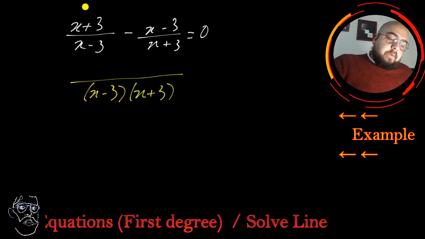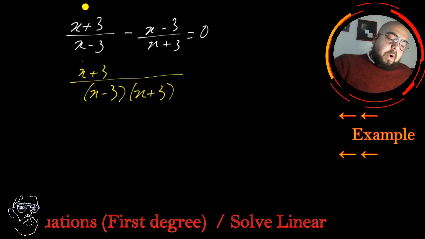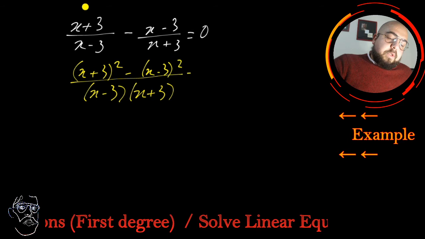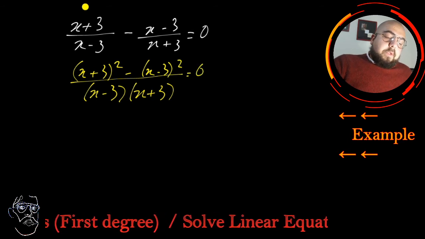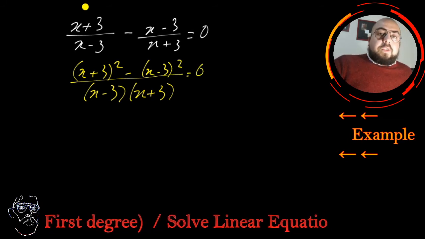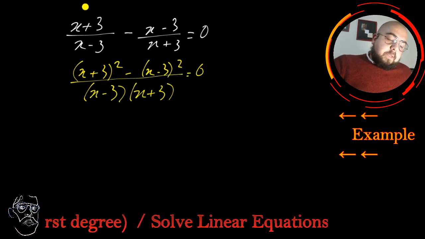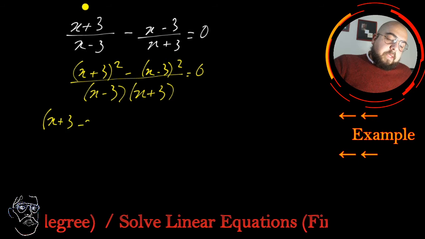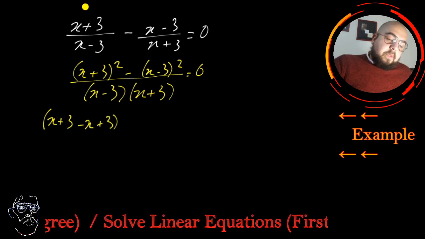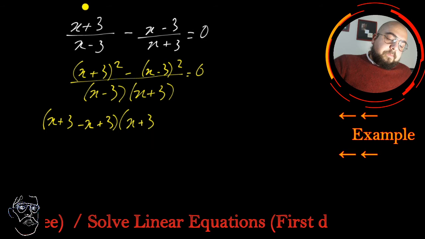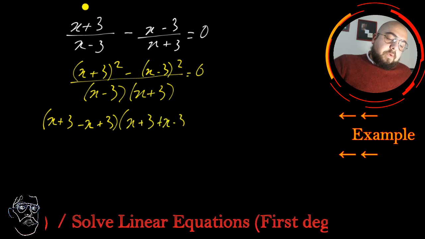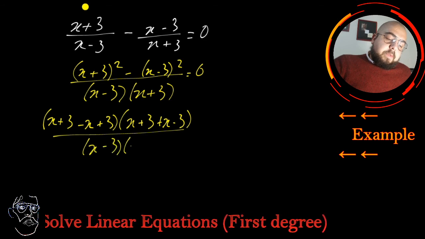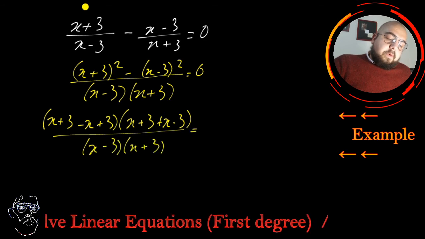So you will have (x + 3)² − (x − 3)² = 0. Now the numerator is a² − b², so I can simply say it will be [(x + 3) − (x − 3)] times [(x + 3) + (x − 3)] over (x − 3)(x + 3), of course, equal to 0.